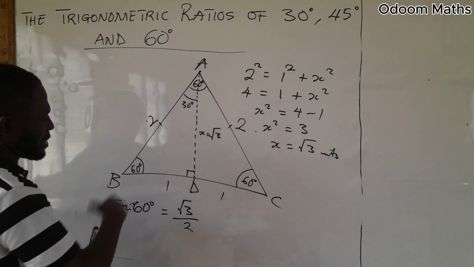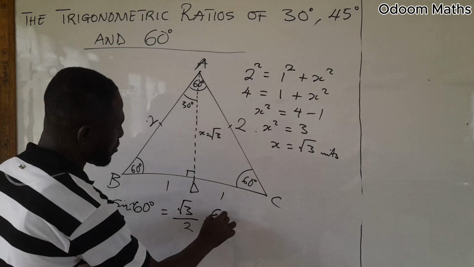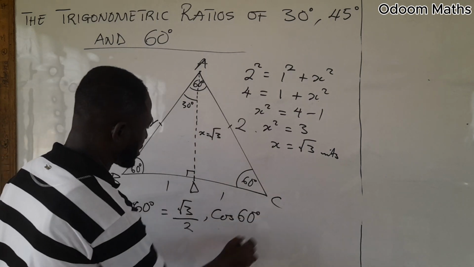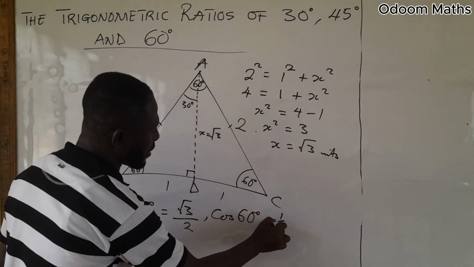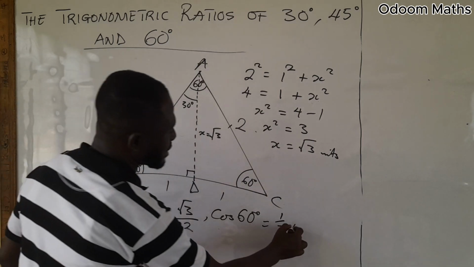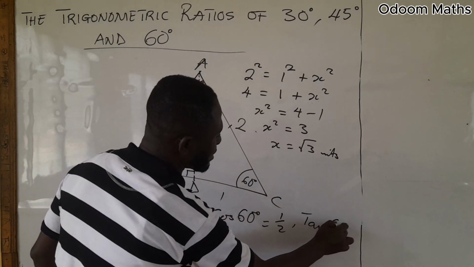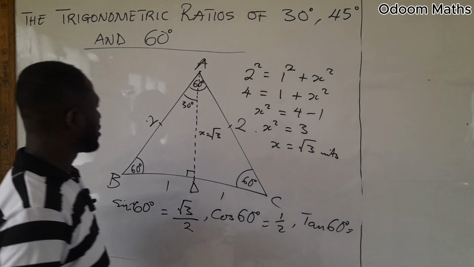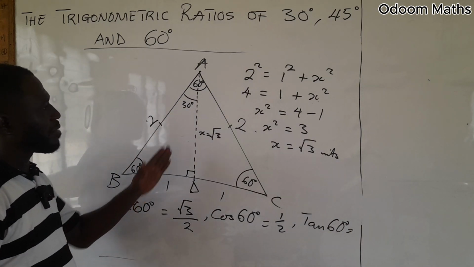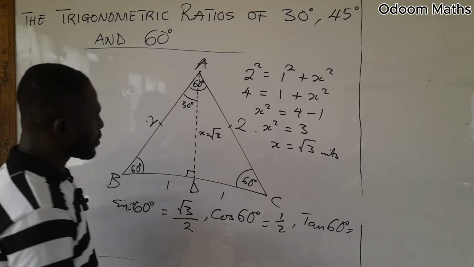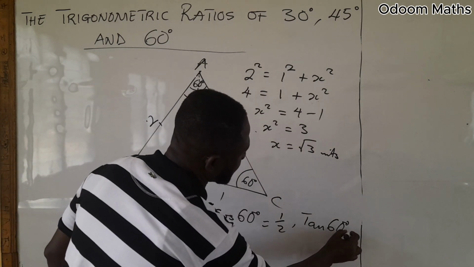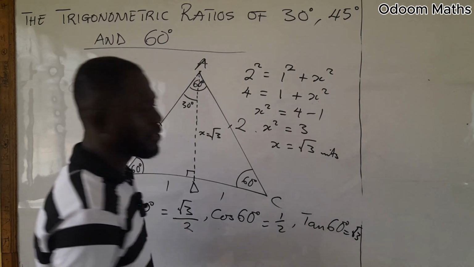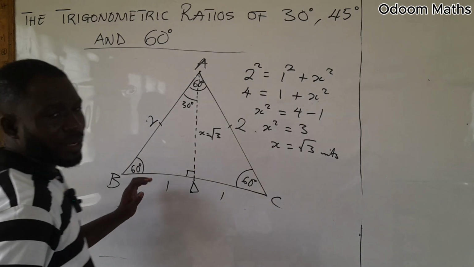Then we can also talk of cos 60 degrees. Cos is adjacent over hypotenuse, which is 1 over 2. Then the last one, tan 60 degrees. Tan is opposite over adjacent, which is root 3 over 1, and that is always root 3. So now we are done with 60 degrees.